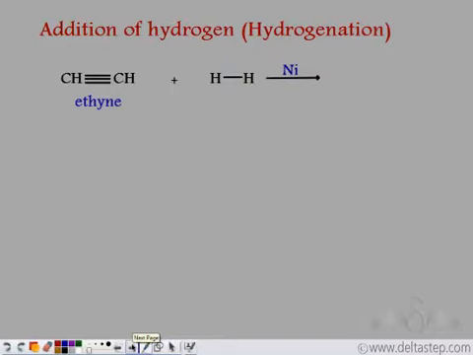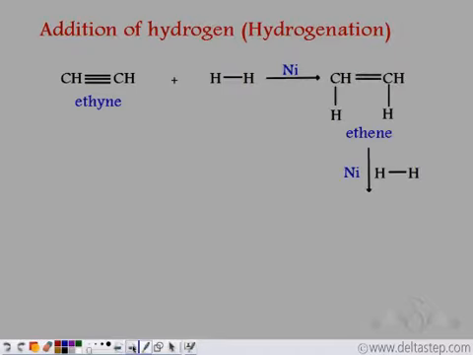Let's take the hydrogenation of ethyne. So we have a triple bond. The triple bond first breaks into a double bond. So from ethyne, we get ethene. So when ethyne reacts with hydrogen, in the first step, it forms ethene.